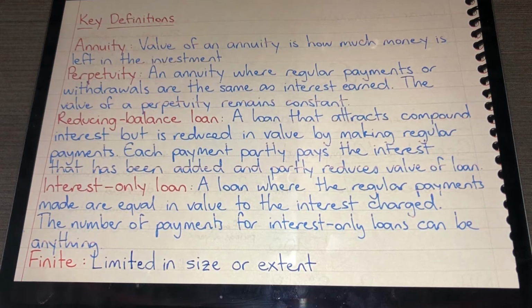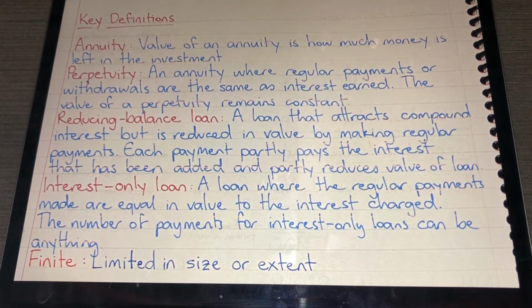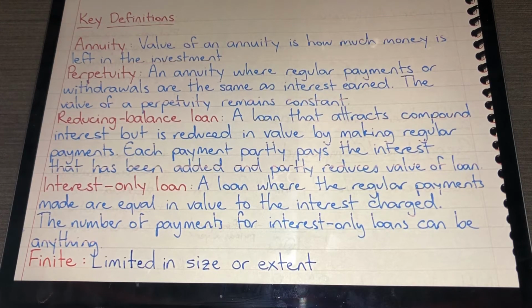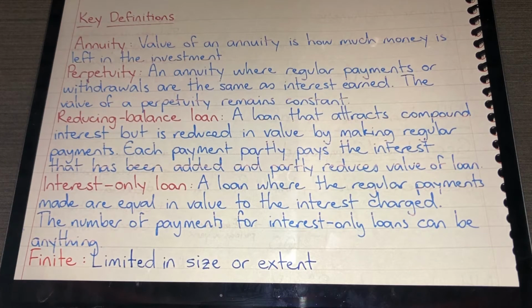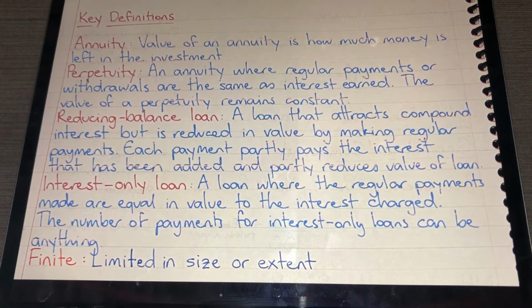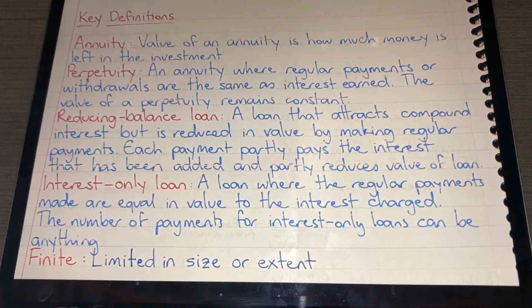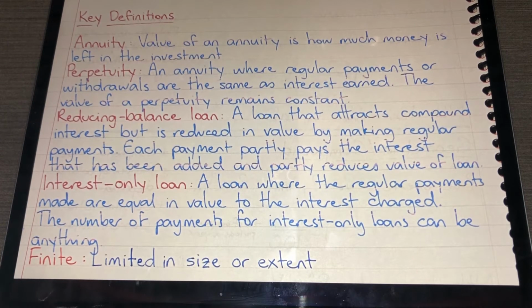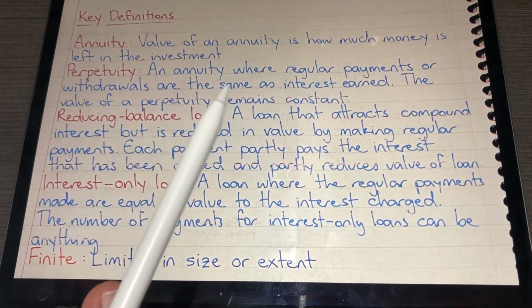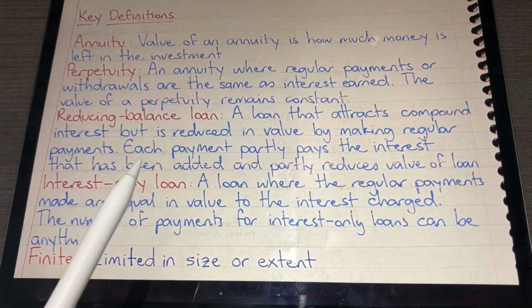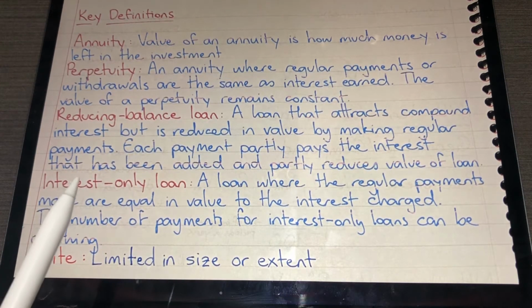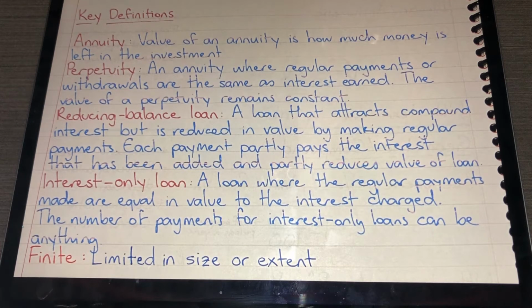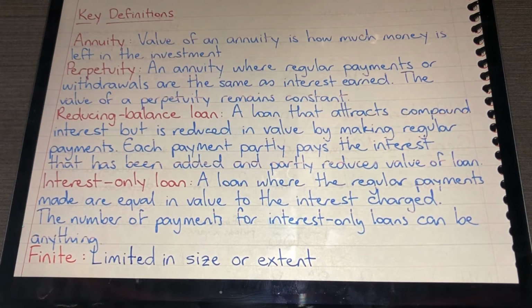Then next month, another $100 is added, then $100 is taken for payments. So we're back down to 10,000. So the loan remains the same. Perpetuity here, we can see similar to an annuity where regular payments or withdrawals are the same as the interest earned. The value of a perpetuity remains constant. So this is payments or withdrawals that are the same. So both of these remain constant here.